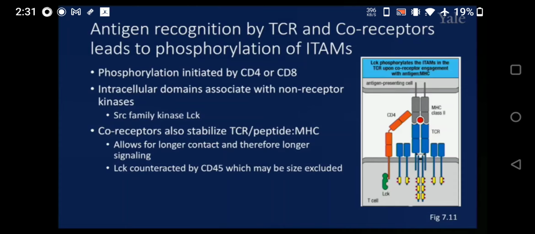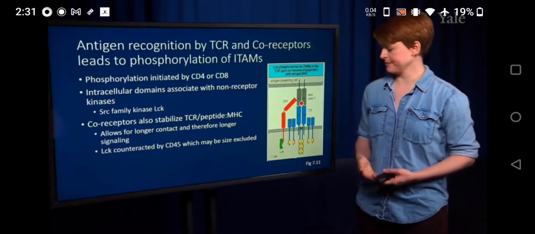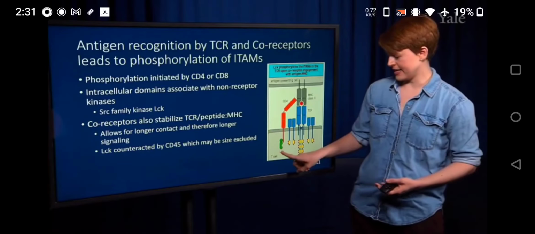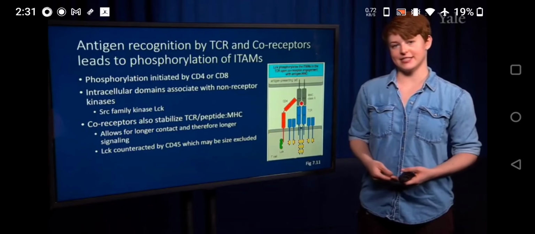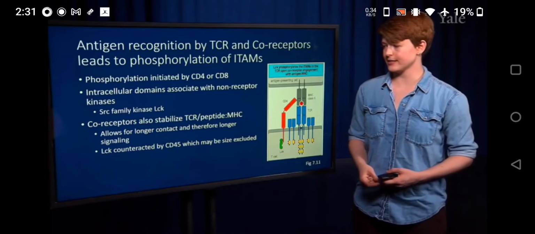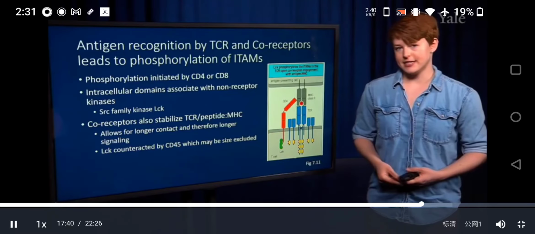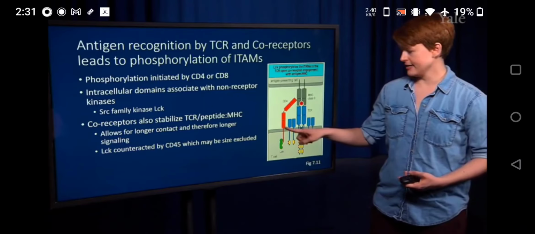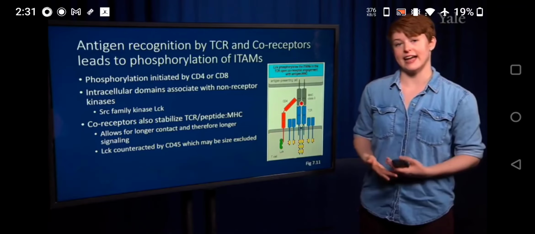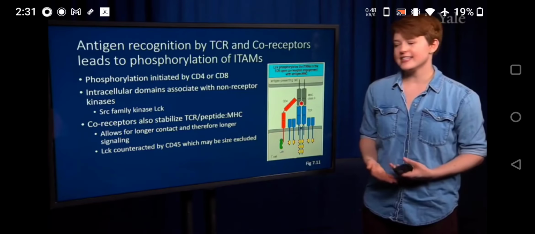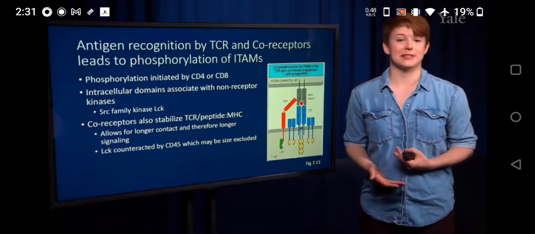So these are those kinases that are not part of the receptor protein, but they still come in here and bind to the intracellular domain of those proteins. The co-receptors, such as CD4, CD8, also come in and bind the MHC. And this helps stabilize this peptide MHC TCR complex.